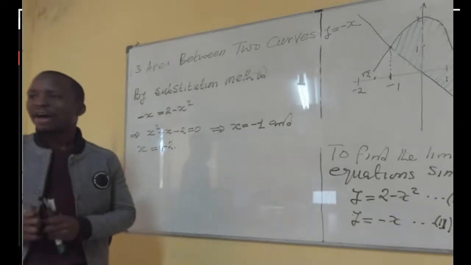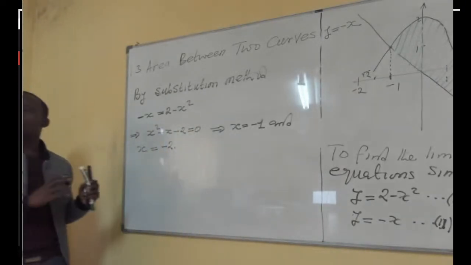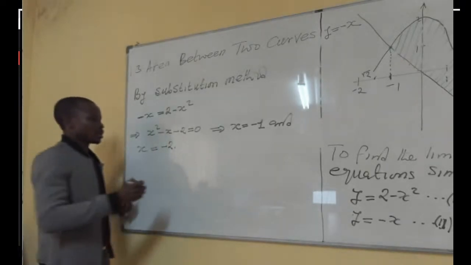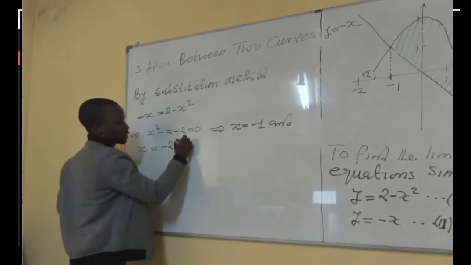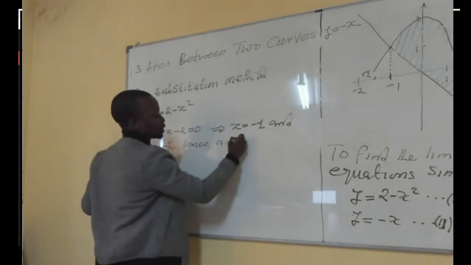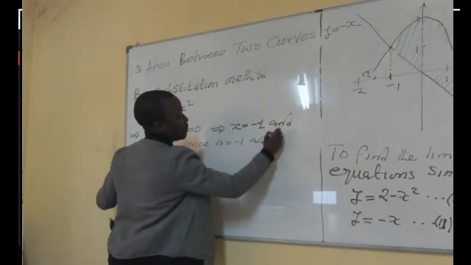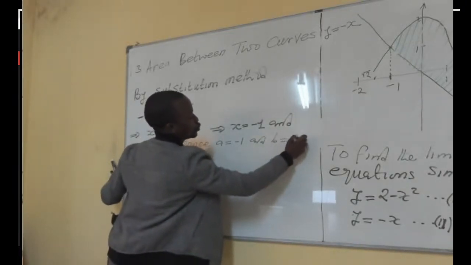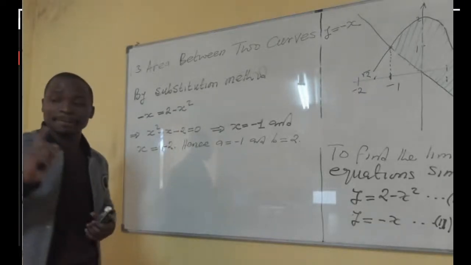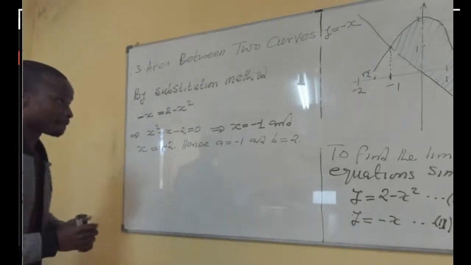Alright, so after you find these, this now becomes your limit of integration. Hence, in this case, our a is equal to negative 1 and our b is equal to 2. Now, when you do the integration, you have to be careful. Remember I told you that you have to be careful.